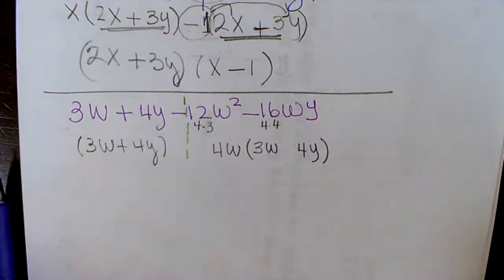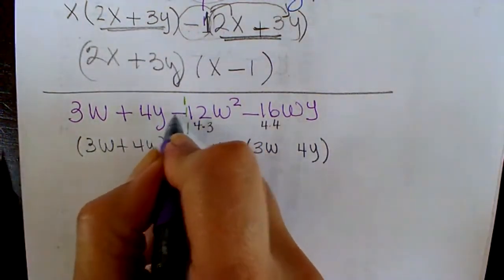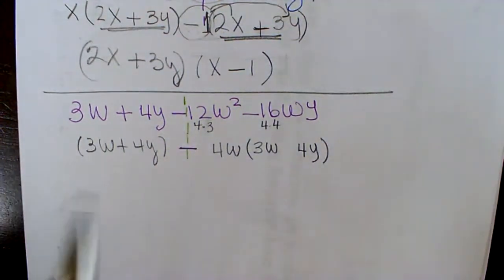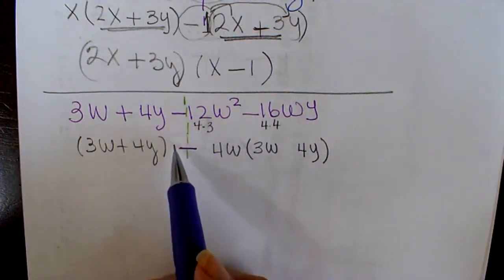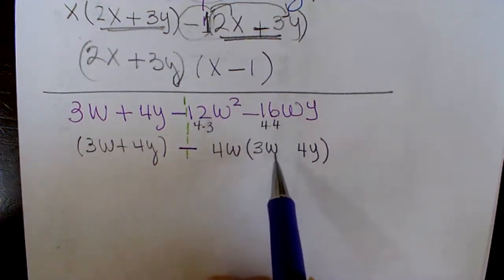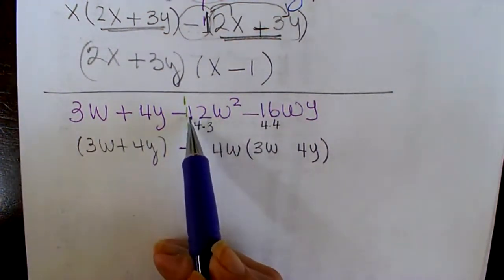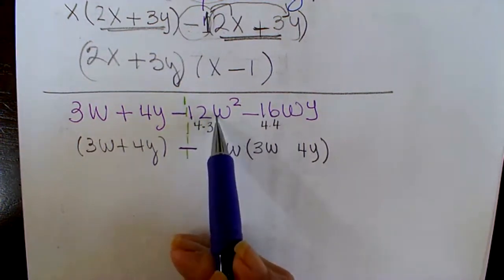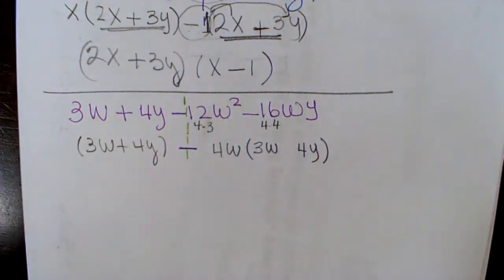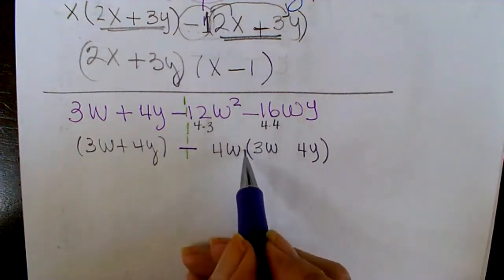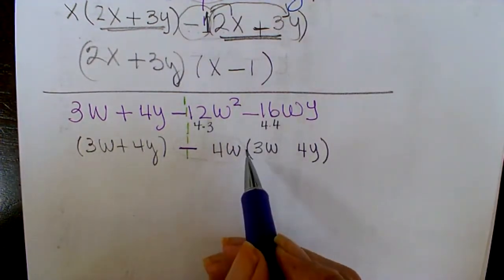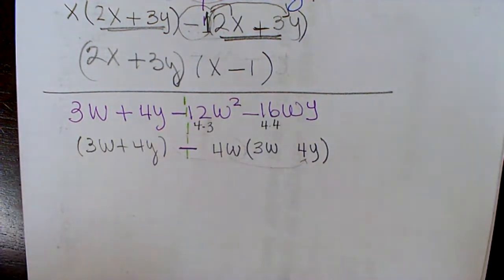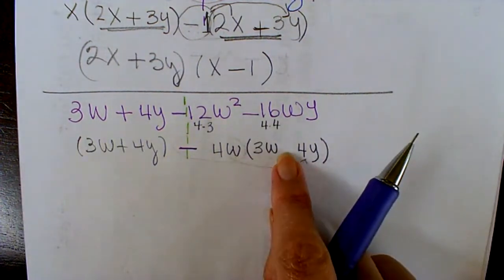Now, I need to bring this sign down. So when I multiply this one, -4w times 3w, what do I get? -12w squared, okay? Now, when I multiply this one, -4w times this number, 4y, this needs to be what?